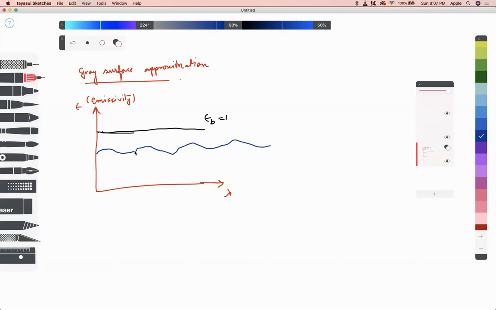So in that regard, what we do is come up with an average value of emissivity for all these wavelengths, and we assume it to be constant all throughout the wavelength range. That is called your gray surface approximation.